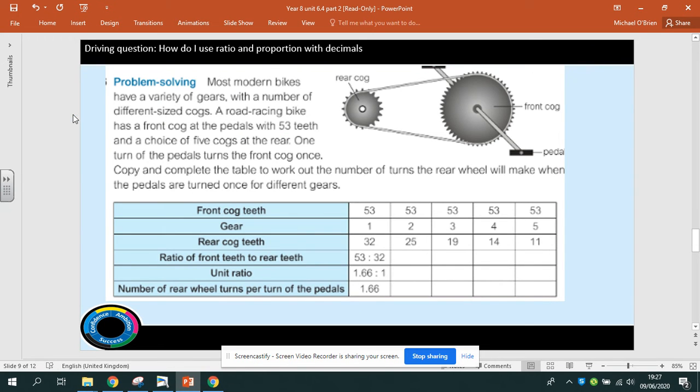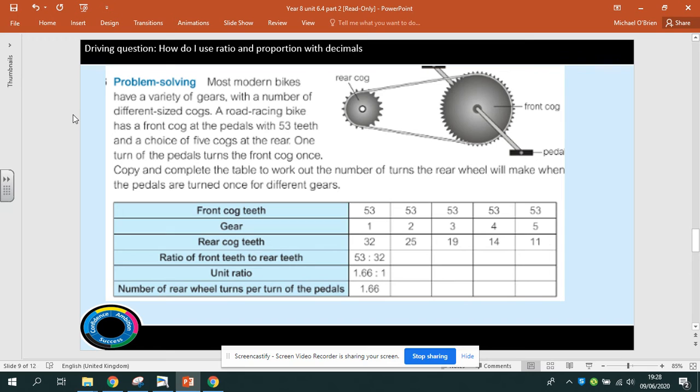Okay, so most modern bikes have a variety of gears with a number of different size cogs. A road racing bike has a front cog at the pedals with 53 teeth and a choice of 5 cogs at the rear. One turn of the pedals turns the front cog once. So write down that table and complete all the information.